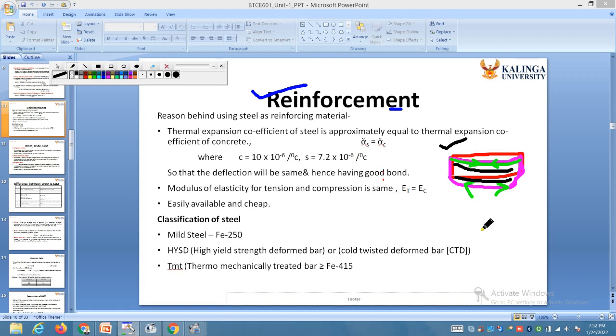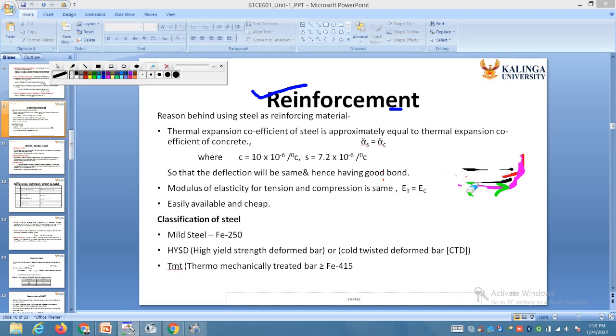We should have sound knowledge of the probable deflection of any structural component, so that in the tensile zone we provide reinforcement or steel bars, and in the compressive zone, where concrete already resists the compressive stresses, nominal reinforcement has to be provided. This is the philosophy behind providing reinforcement or steel bars in RCC structures.